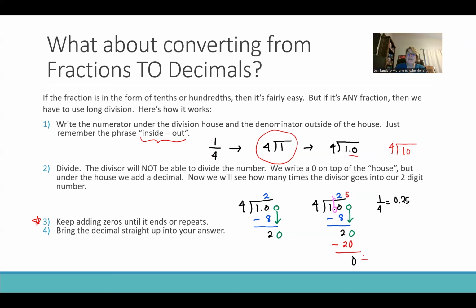When you get a 0 at the end, you're done. Or it has to repeat and you get caught in a cycle and you notice, wow, this is going to keep repeating 1 forever or keep repeating 3 forever. And once you see that it's going to keep repeating, then you can stop and we write it in a special form.